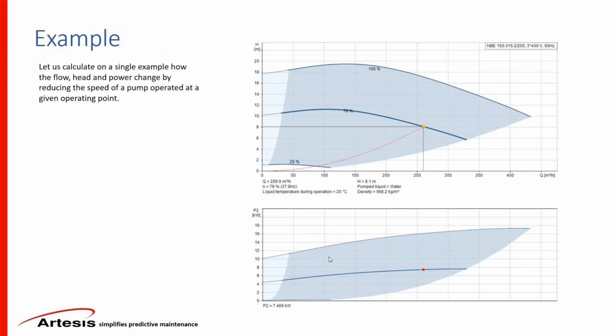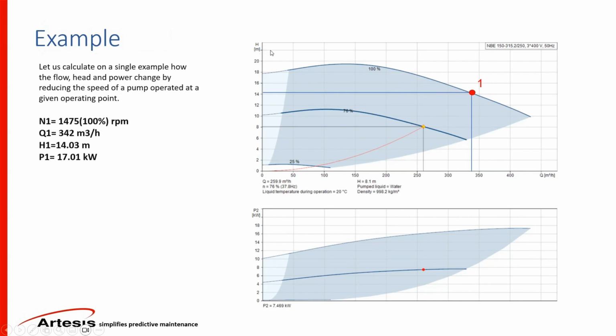In this example, we are going to combine all these affinity laws into one single example so that the laws and the relationship between them are clear. Here we have a pump curve. On the x-axis we have the flow, the y-axis we have the head.